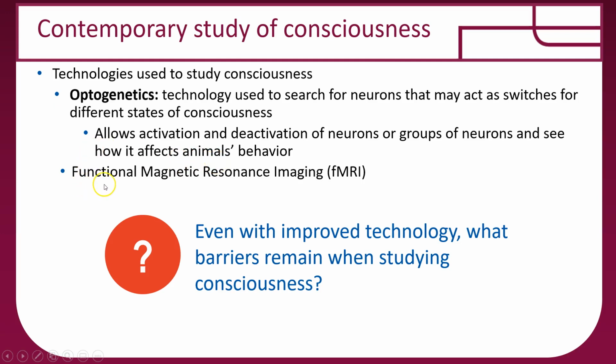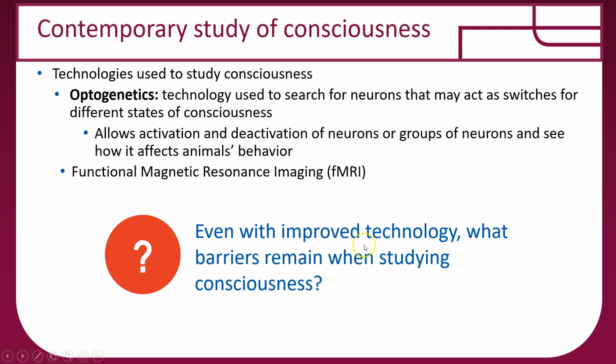And then we also use functional magnetic resonance imaging, fMRI, which allows us to see what parts of the brain are active. So even when someone is asleep or unconscious, we can still see if parts of their brain are active, perhaps responding to different stimuli.